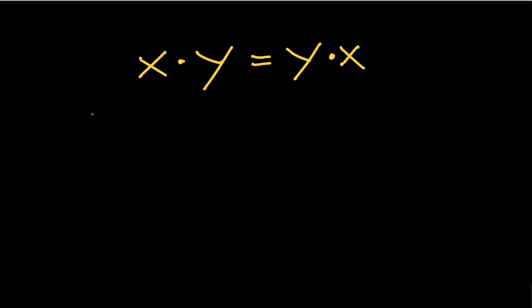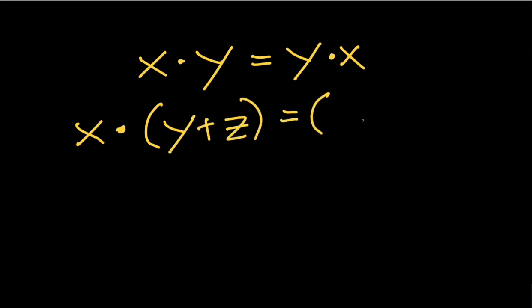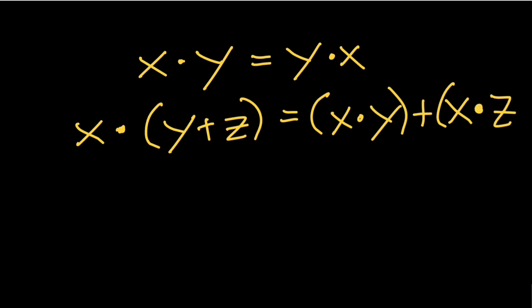Let's say we're given three vectors, x, y, and z. The dot product of vector x and y plus z is just equal to the dot product of vectors x and y plus the dot product of x and z.